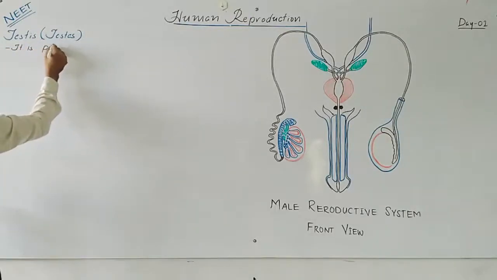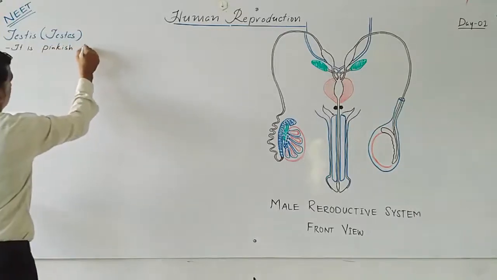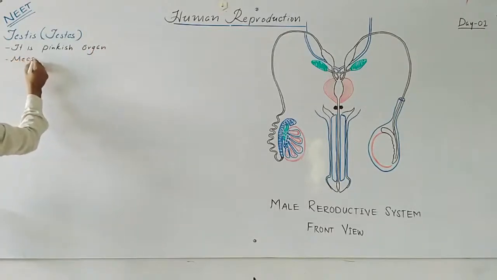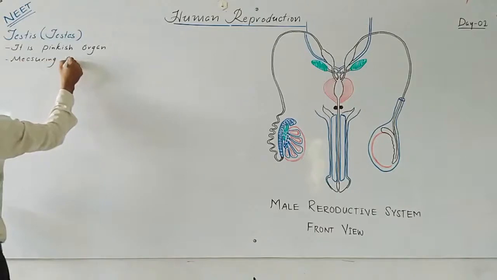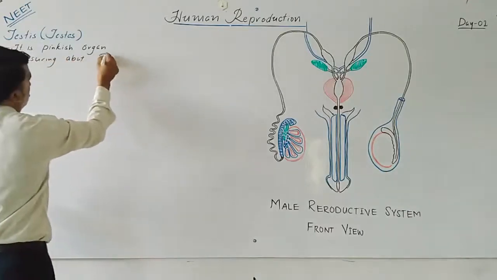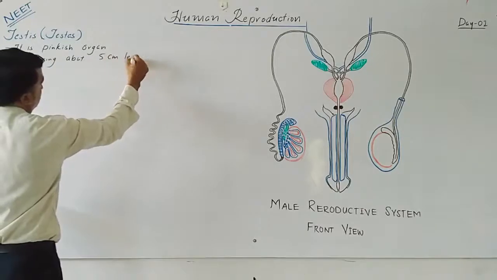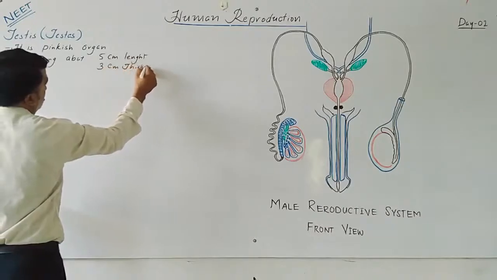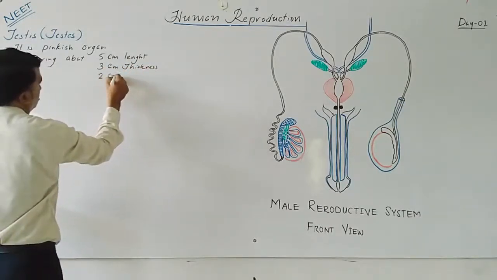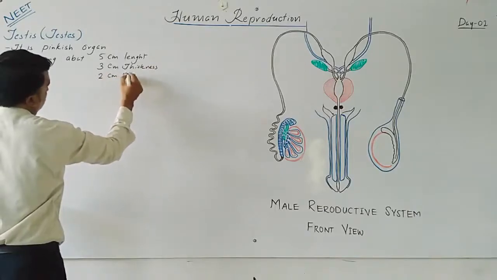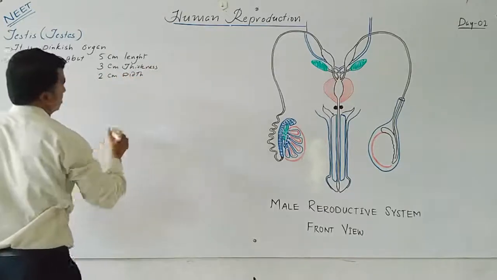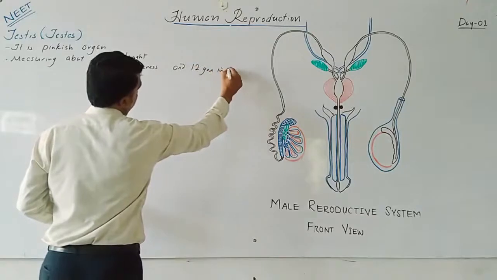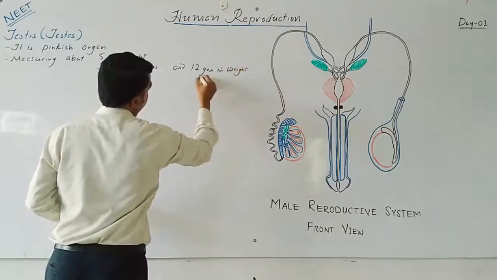it is a pinkish organ measuring about 5 cm in length, 3 cm in thickness, 2 cm in width, and 12 gram in weight.